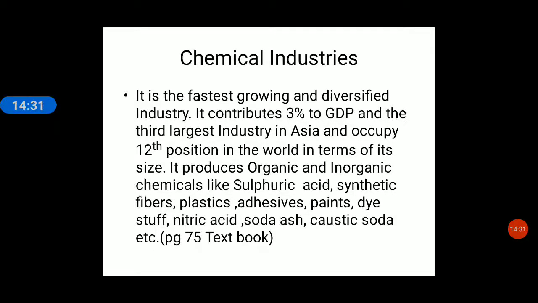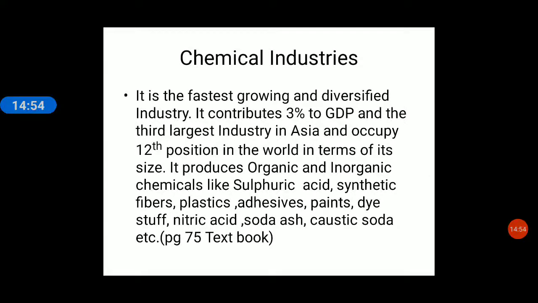Now, what does the chemical industry make? The chemical industry makes organic as well as inorganic chemicals. Now what? Sulfuric acid, synthetic fibers. What are the synthetic fibers? Nylon, terylene, Dacron. All these are what? Synthetic fibers. Plastics, adhesives, paints, dye stuff. Dyes are what? Colors, right?